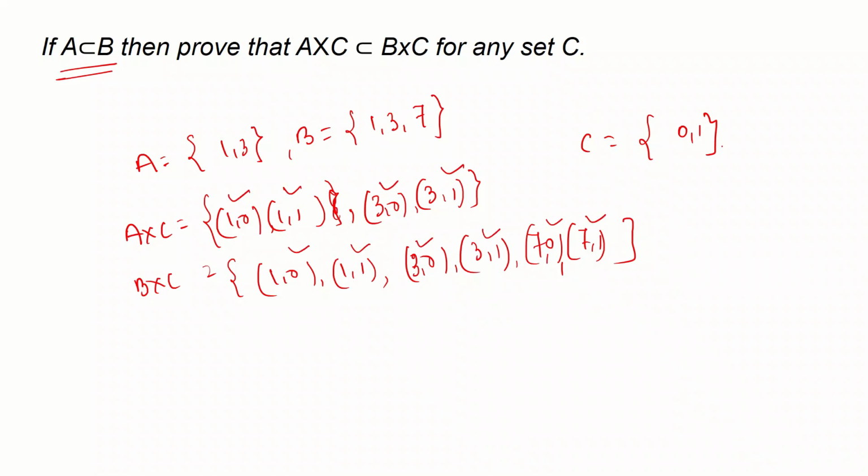So A cross C is a subset of B cross C, and this is quite intuitive as well. You can see that all of these elements have to be there in B cross C, except that these elements 7 comma 0 and 7 comma 1 will be added on.